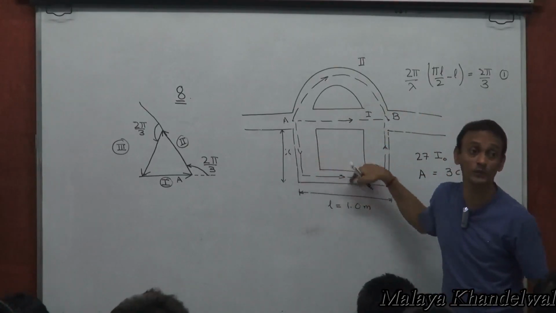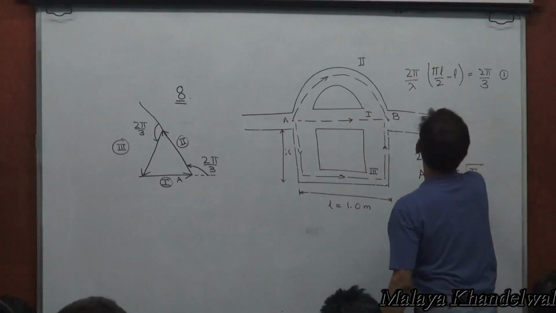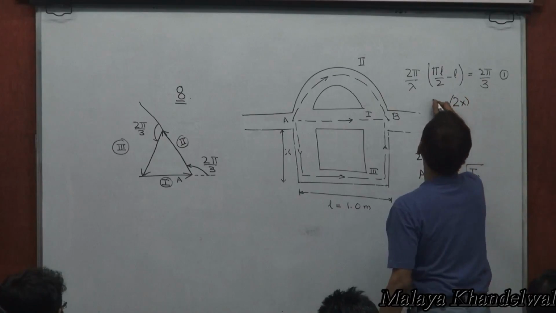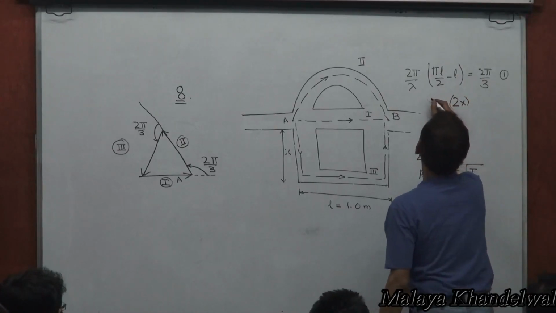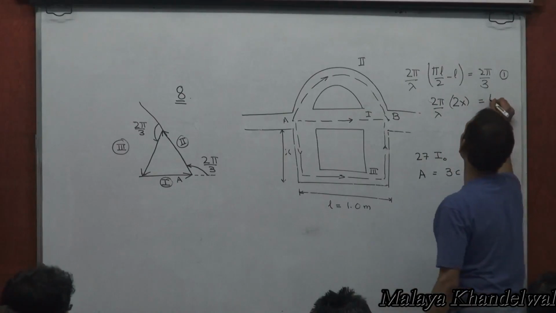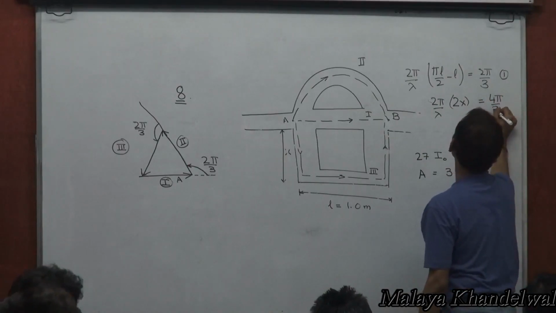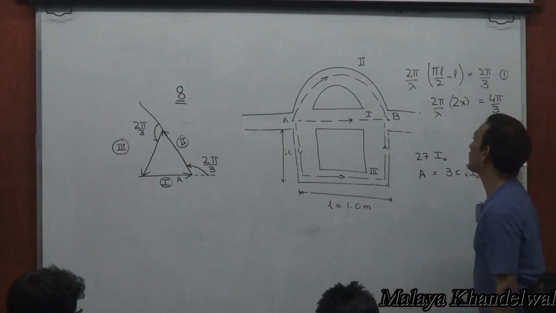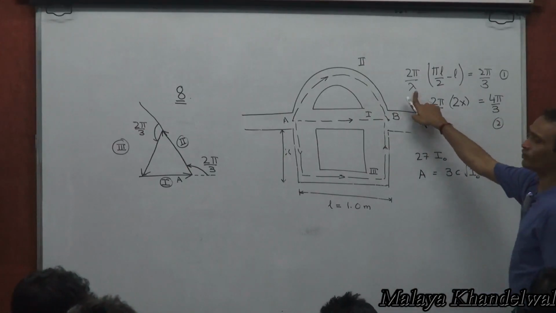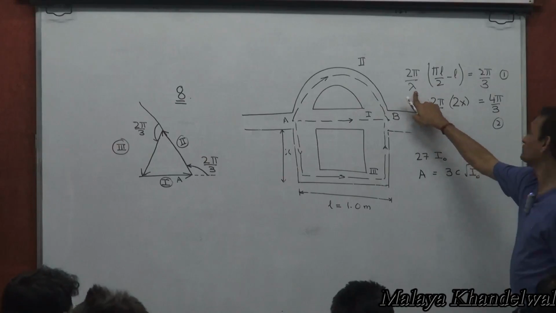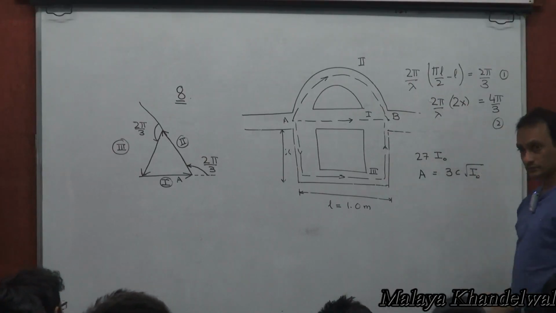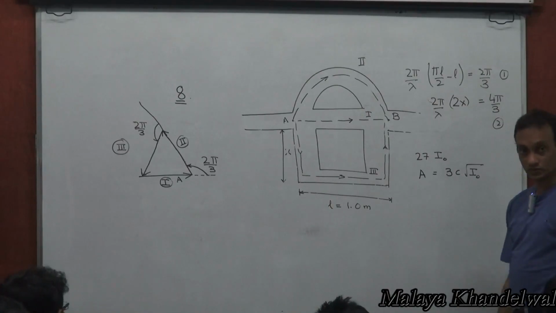So phase difference is going to be 2 pi by lambda into 2x, and that's going to be 4 pi by 3. Right? I can solve for lambda from this because I know L. Plug in the lambda and I can solve for x. Clear?